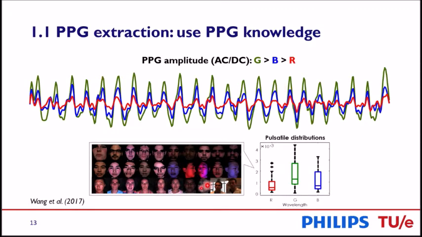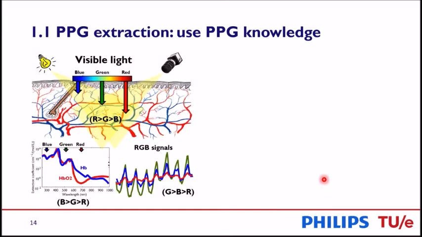We did a large-scale study on different subjects and different lighting conditions, and plotted the distribution of the pulsatile amplitude. Indeed, you can see that such a pattern exists in the RGB channels. The green is the most pulsatile channel, the minimum is the red, and the blue channel is in between.